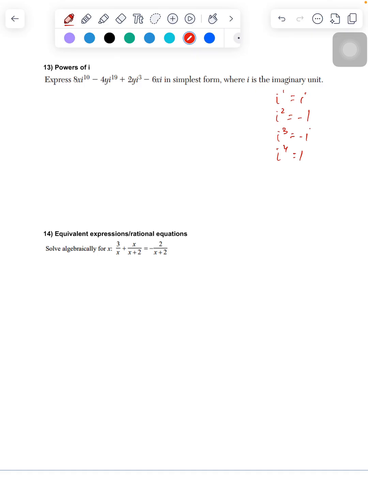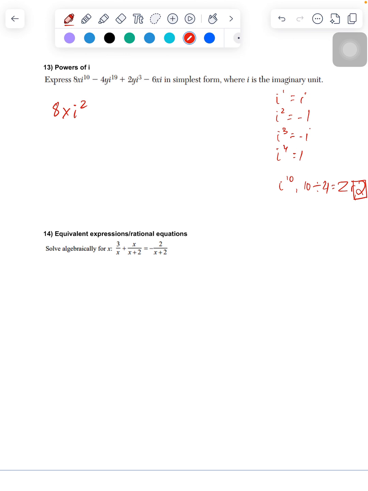So for this one, i to the 10th, right? 10 divided by 4 is going to be 2 with a remainder of 2, right? So my i to what power is the remainder? So I'm going to have 8xi squared, all right? Okay, let's work on this one.